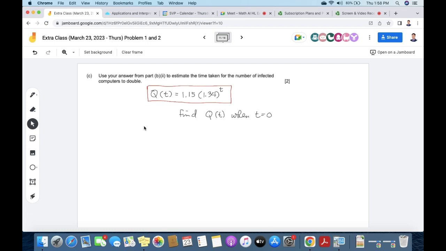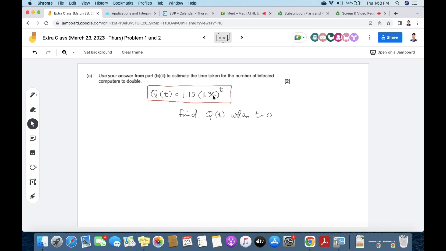I'll give you some time to work on it, and then I'll be waiting for the answers of Jovita, Phoebe, Sam, and Jeremy. Okay, you can post your answers here. It doesn't have to be correct. That's the reason why we're discussing, because we wanted to somehow correct some of your answers. Again, find q of t when t is equal to 0.